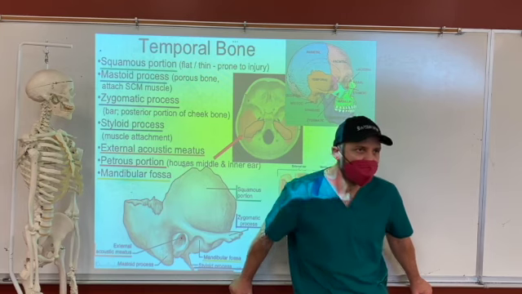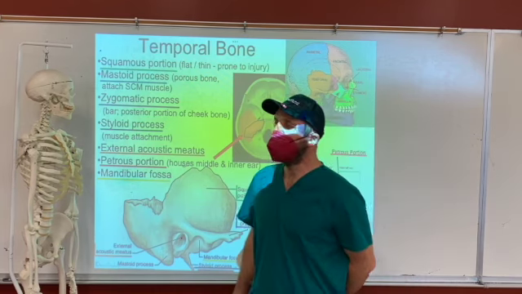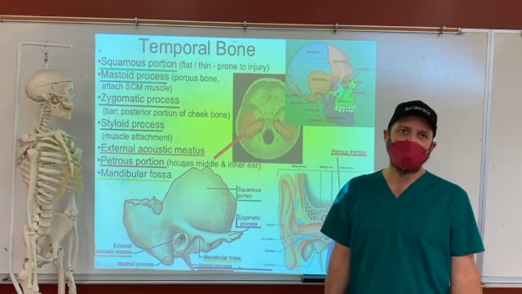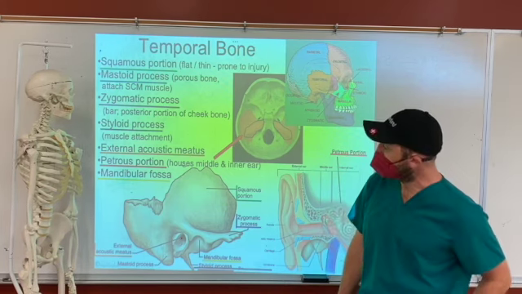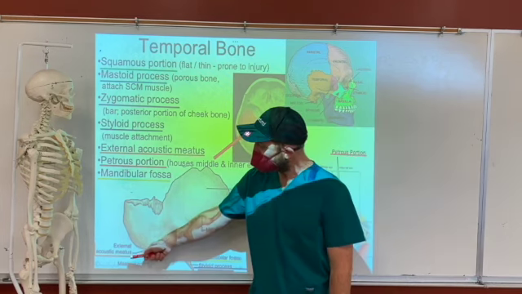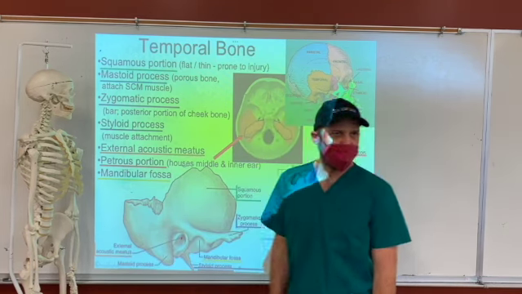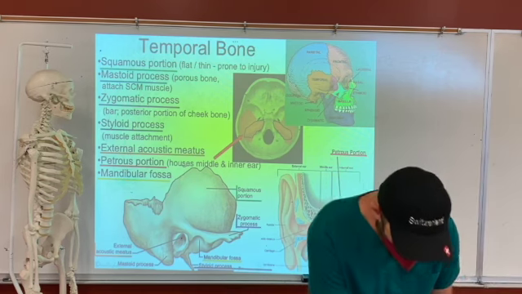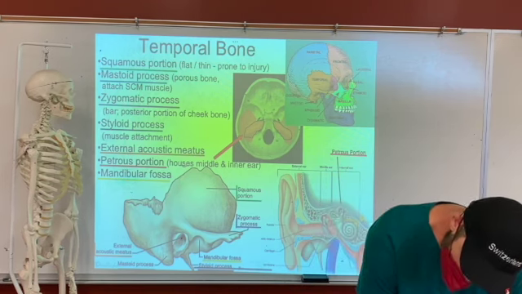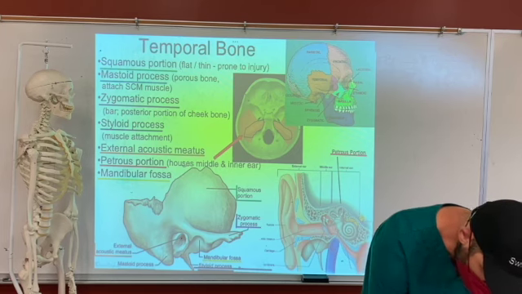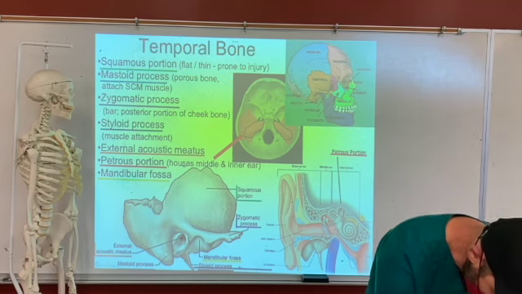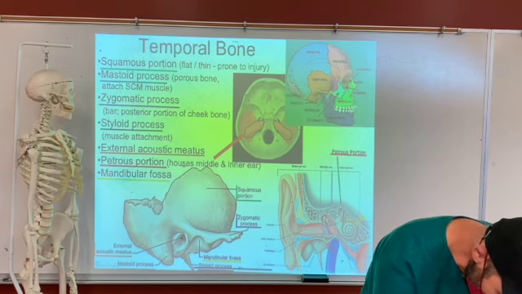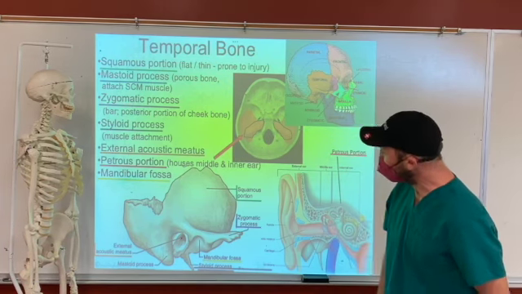So make sure you're at least aware of it, that if it comes up as a question, you're looking it up and don't question yourself too long. So external acoustic meatus has a whole bunch of terms that mean the same thing. So we just got that one. I think I do put in a test a few other spellings, so just do me a favor and use the spelling on the list as much as you can. That cuts down on my having to go grade it afterwards.